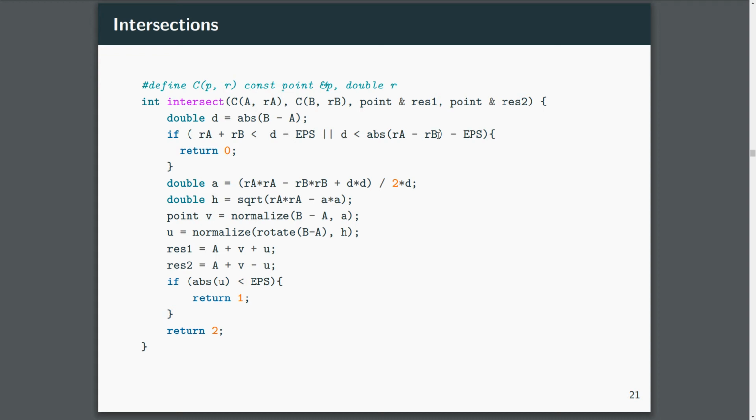And here we have the case where one is contained in the other. Both of these return 0 intersection points. Otherwise, we calculate the values for a and h. And then using these values, we find the point v.